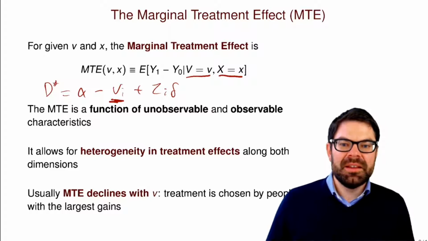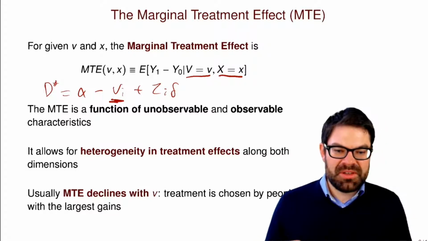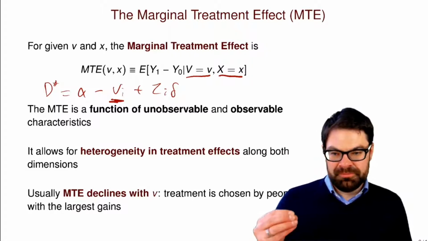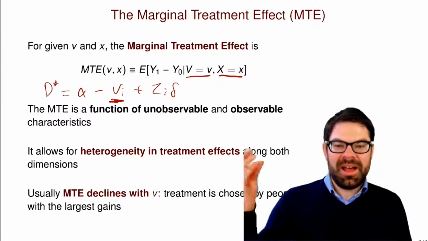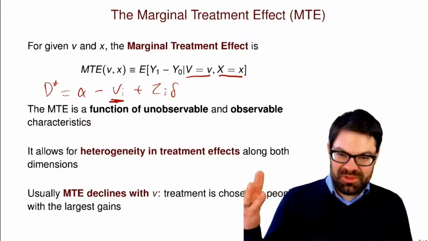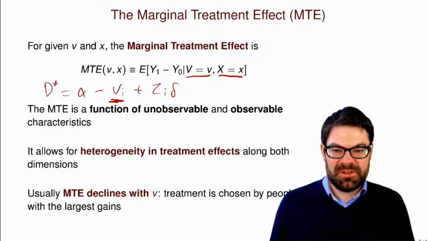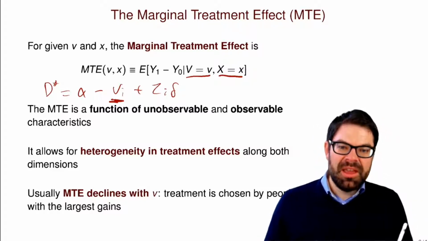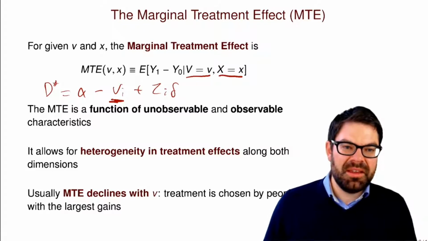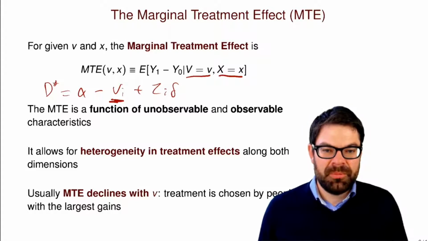That treatment effect is obviously different for people with high returns to the treatment than it is for people with low returns to the treatment. And that difference between different types of people is what is expressed by the marginal treatment effects curve.